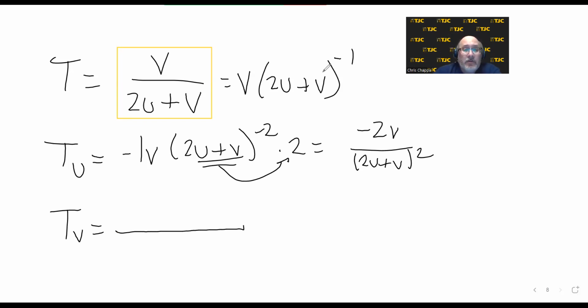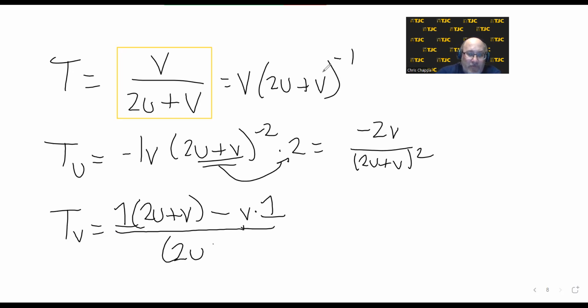Low d high: the denominator times the partial derivative of the numerator with respect to v, which is 1, minus high, v, times the partial derivative of the denominator with respect to v, which is also 1, and then over the square of what's below. If we clean up the numerator, we get 2u plus v minus v, which is 2u. And then the denominator is (2u plus v) squared.